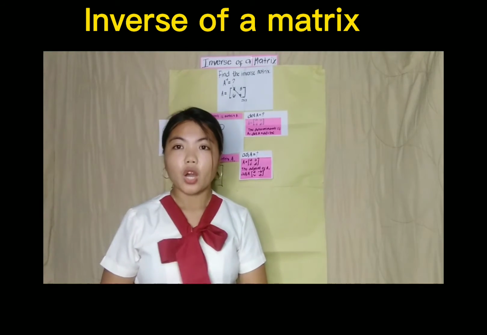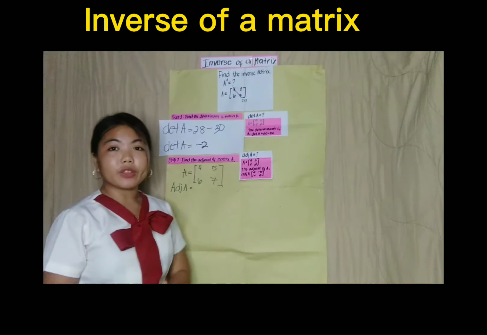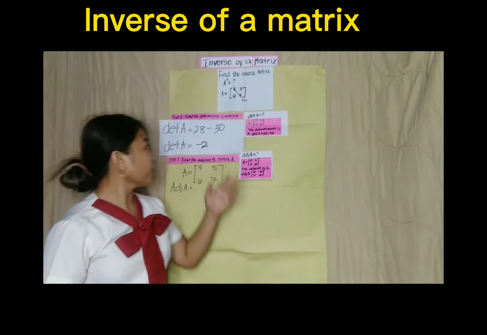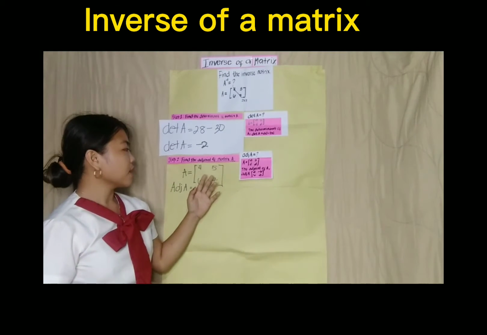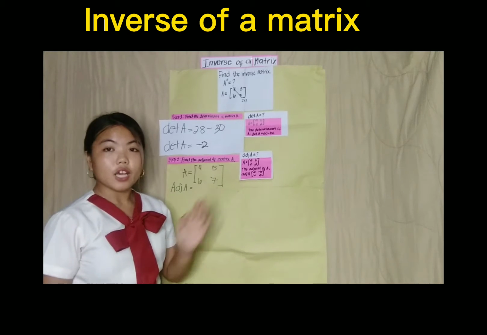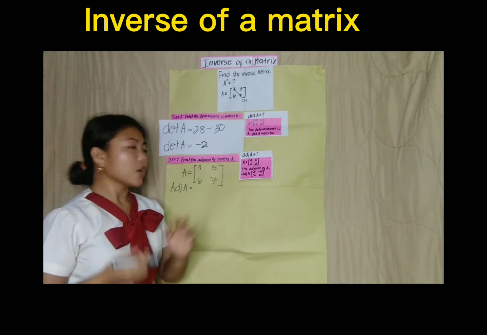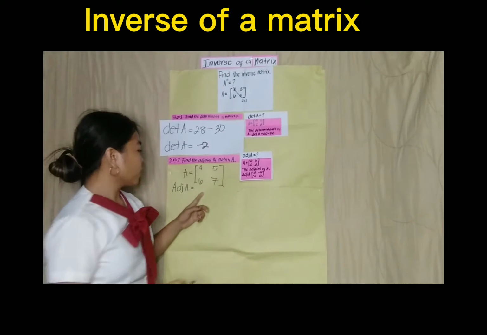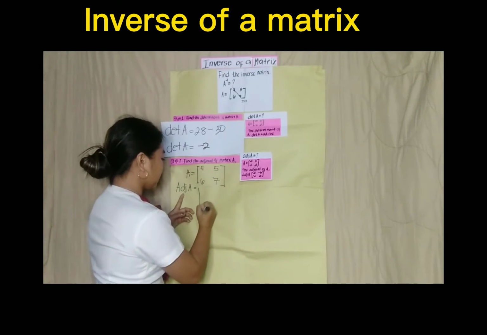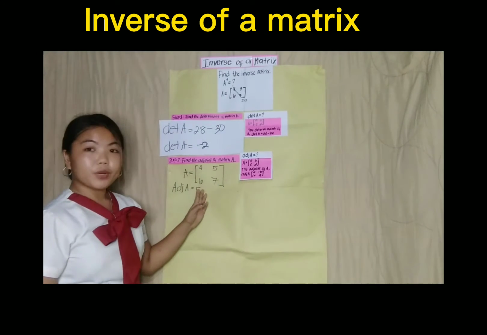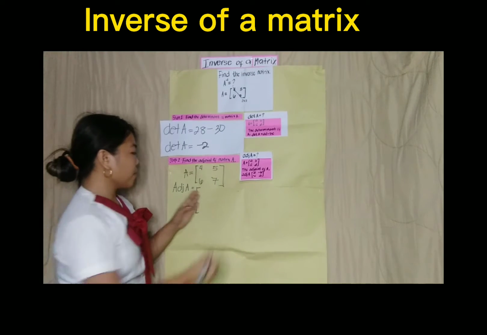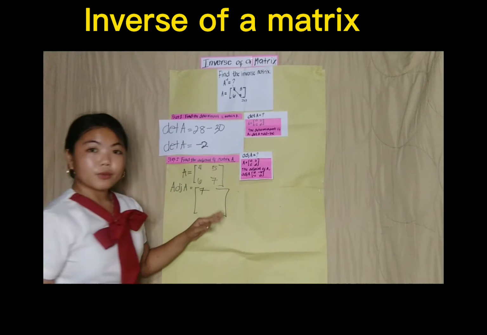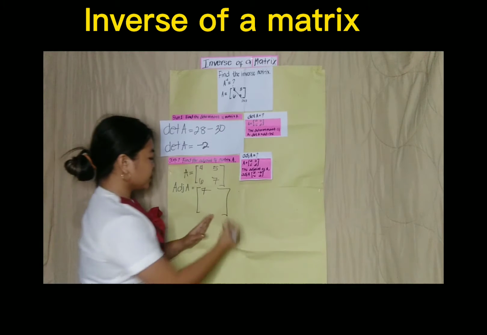Next, step 2, which is to find the adjoint of matrix A. In getting the adjoint of a matrix A, again we will use this fact, which is the 4, 5, 6, and 7. First, we need to switch the 4 and 7. So the upper left becomes 7, and the lower right is 4.